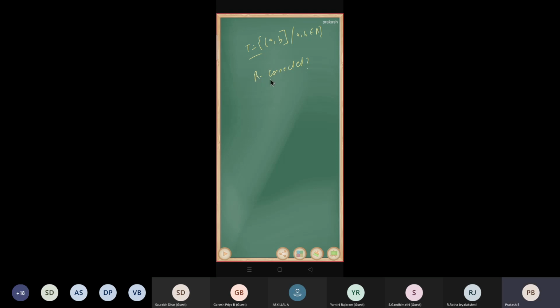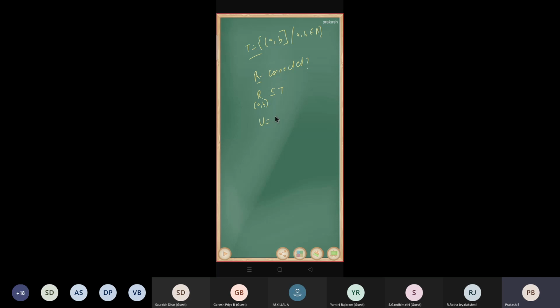To prove that it is not connected. So I'm going to take two open sets, whose union must be R, right? And you know that this topology is finer than the usual topology, right? So usual topology contains all the open intervals also. Okay. So I'm going to form a separation for R.